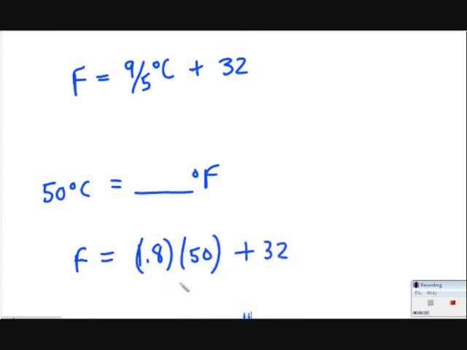So we got to multiply first. 1.8 times 50 is 90. 90 plus 32 will be the temperature. So 90 plus 32 is 122. So there you go.